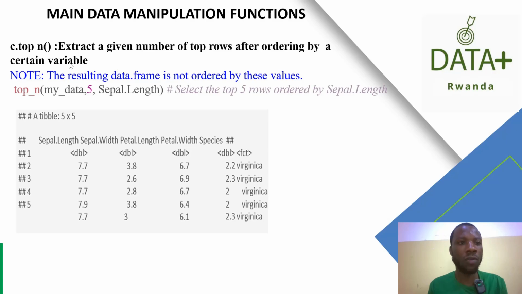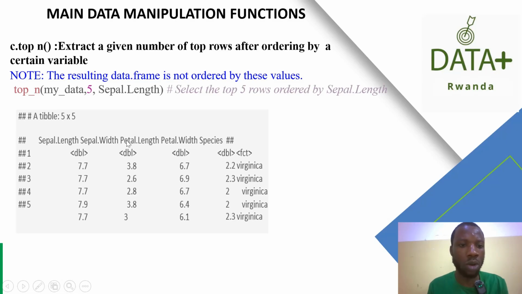Another thing is top_n. We are extracting the given number of top rows after ordering by certain variables. Let's say, for example, if we say top_n, it means go into my data set called my data and look for the top five, selecting the observations based on sepal.rem, because I'm interested in the highest five observations based on sepal.rem.